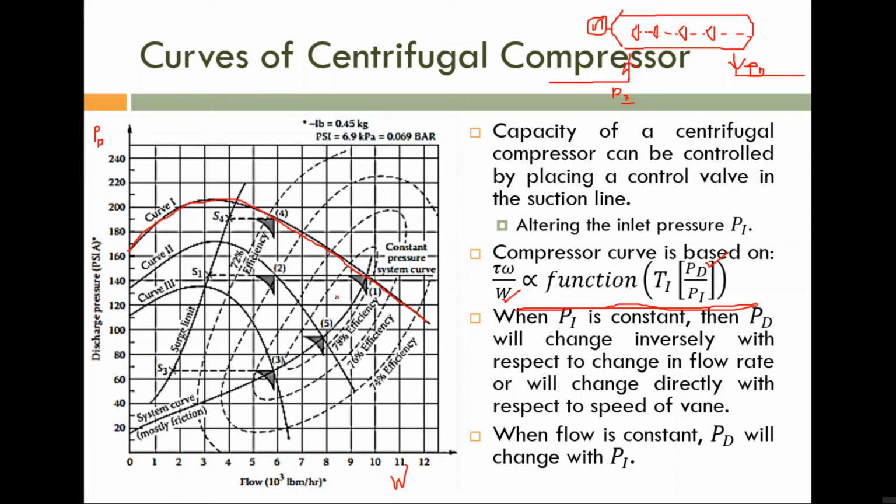PD depends upon Pi linearly as per this expression. If you increase Pi, definitely PD will increase. If you decrease Pi, definitely PD will decrease. Because for a particular compressor at a particular flow rate, this ratio PD by Pi is constant. Okay. So now, why am I saying that?